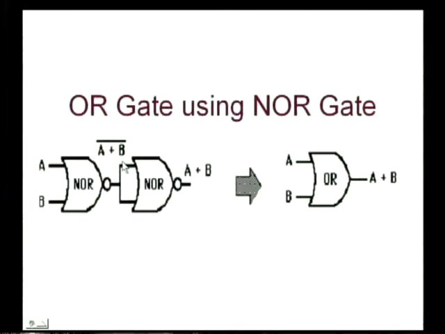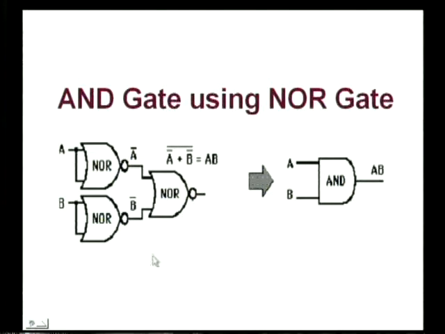When you use an inverter at the output of this first NOR gate, we get the output as A ORed with B. Hence, a NOR gate followed by inverter produces a functionality of OR gate.